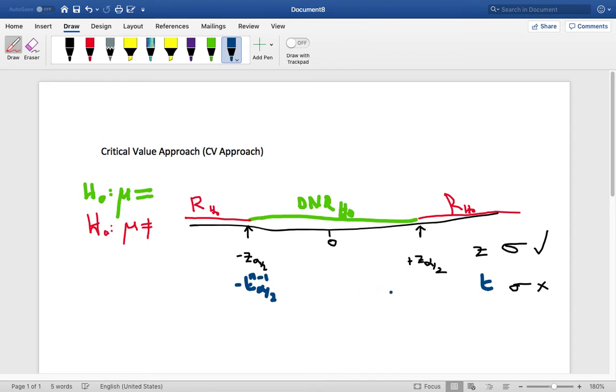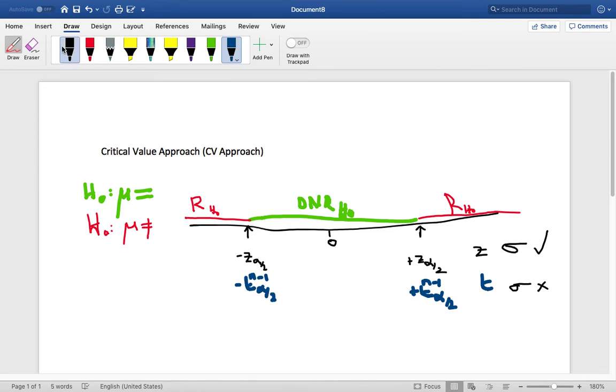This is similar to what we did for confidence intervals, and plus t of alpha over 2 with n minus 1 degrees of freedom. And all that remains now is to get the standardized test statistic and see if it falls in the do not reject or the reject regions.